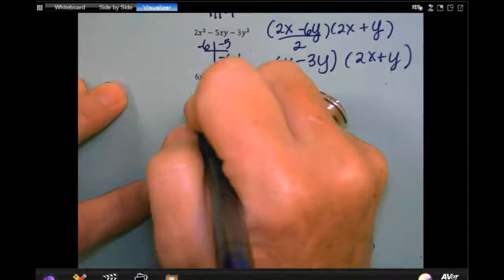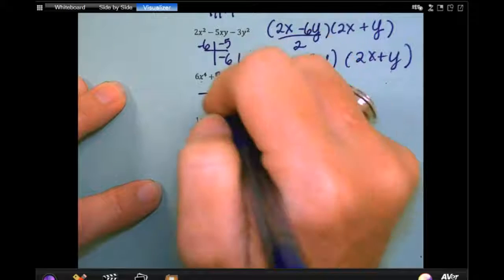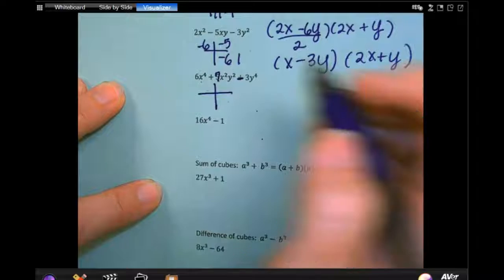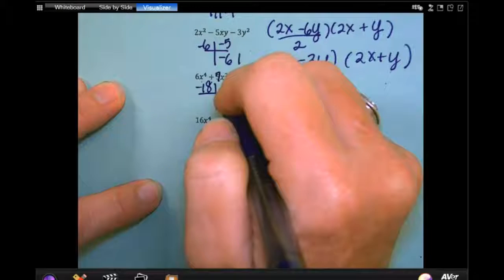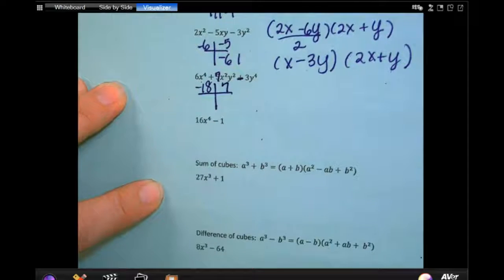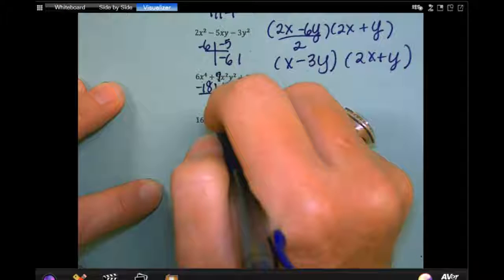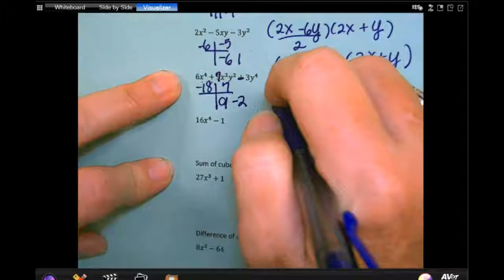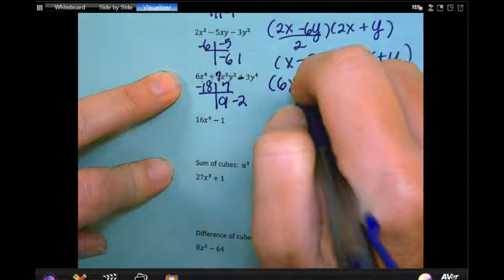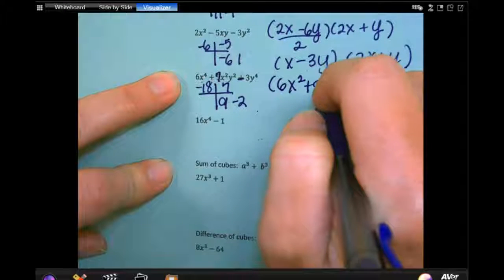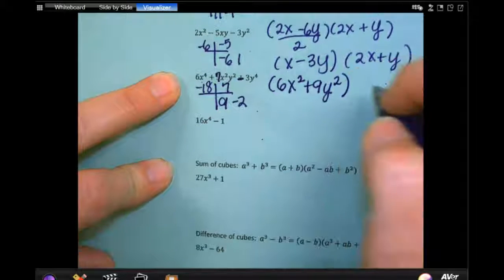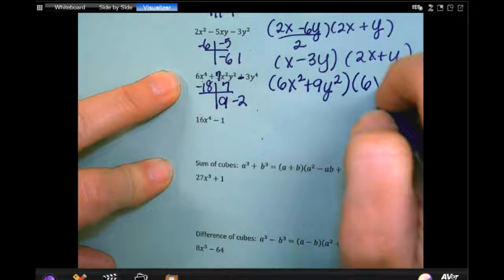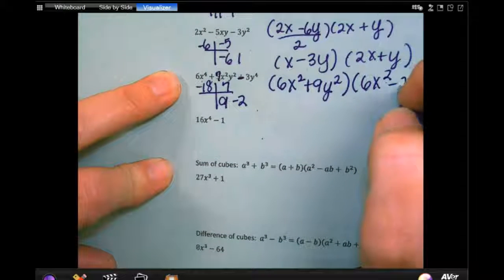That's right. I like your sarcasm a little bit today. 6 times negative 3 gives me negative 18 and a positive 7. So the factors are 9 and negative 2. So I'm going to write 6x squared plus 9y squared, 6x squared minus 2y squared.